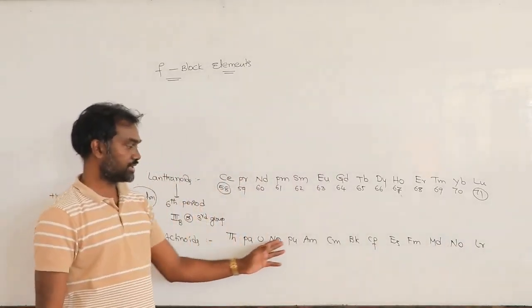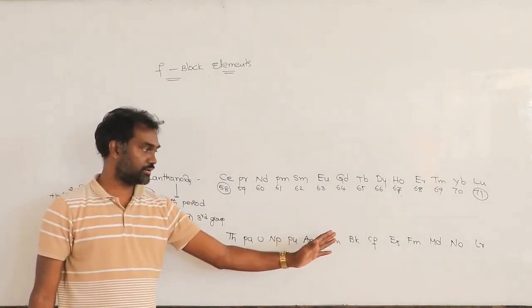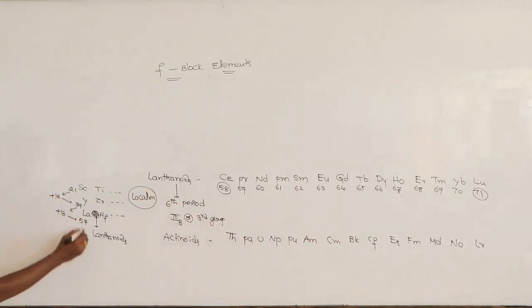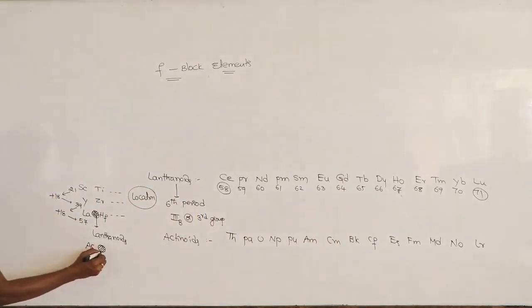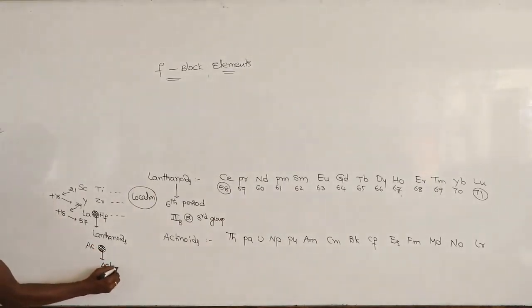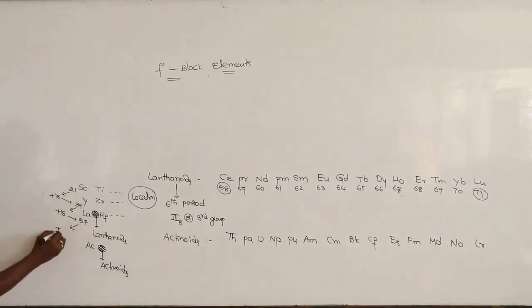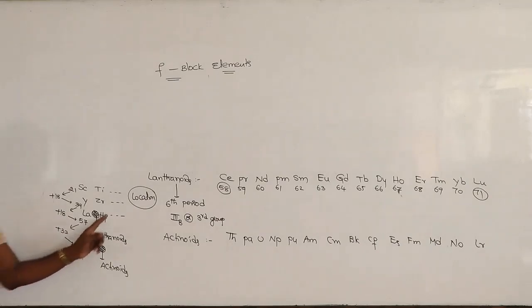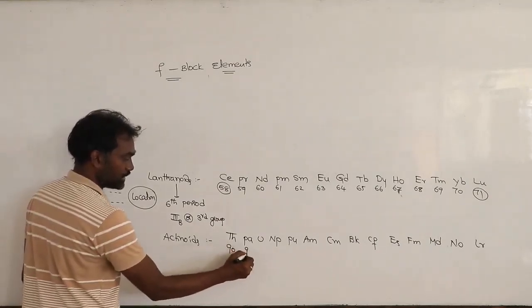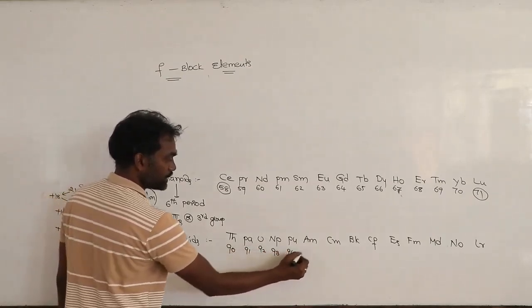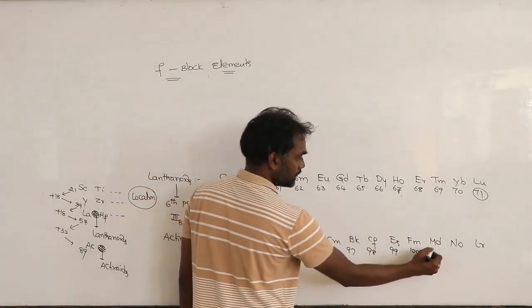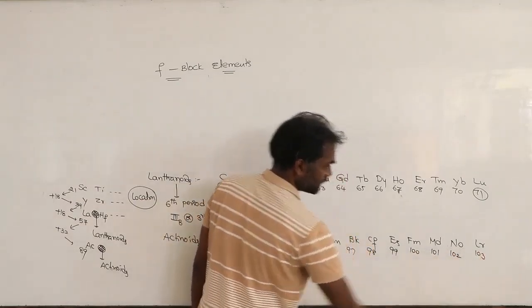All are radioactive elements; after uranium, all are radioactive, and they are named after scientists. As for the atomic numbers, actinium comes after 14 elements, so you add 32 to get 89. 89 is actinium, and after it come the actinoids: 90, 91, 92, up to 103.